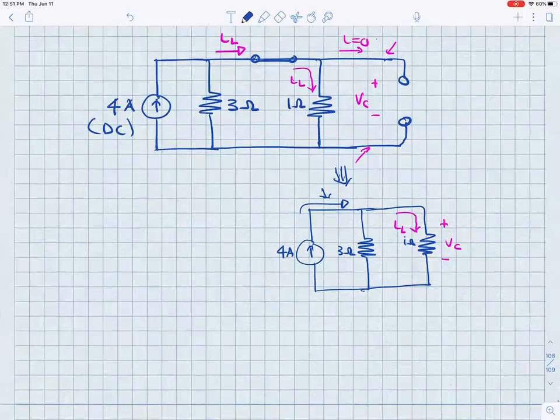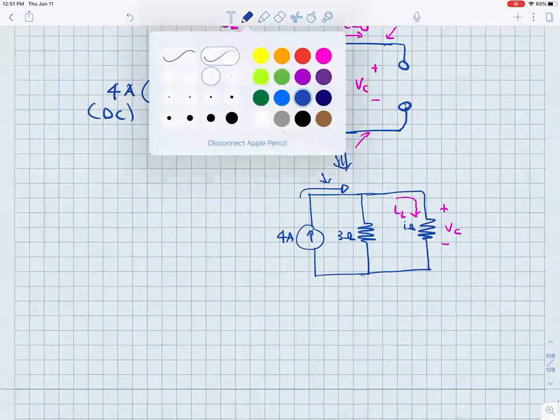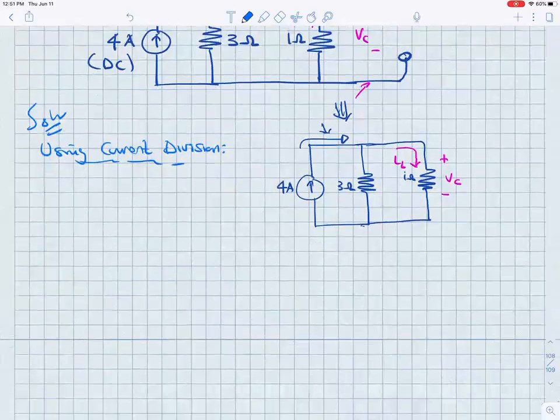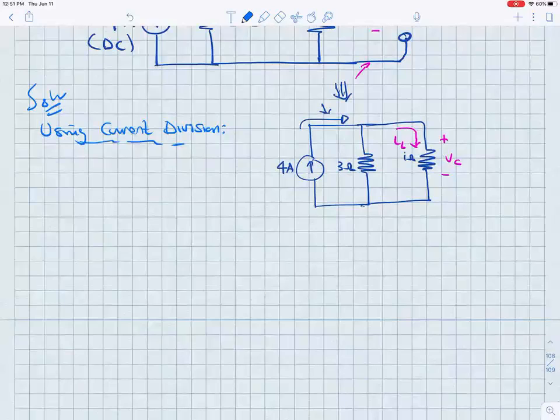Okay, so let's solve this one now. Hopefully everything is clear now. Using current division, if we're interested in the current here, what is going to come on top of the formula is the resistor in the opposite branch.